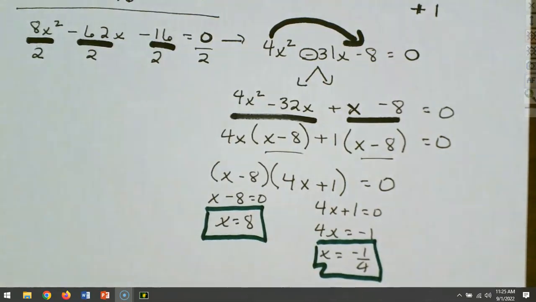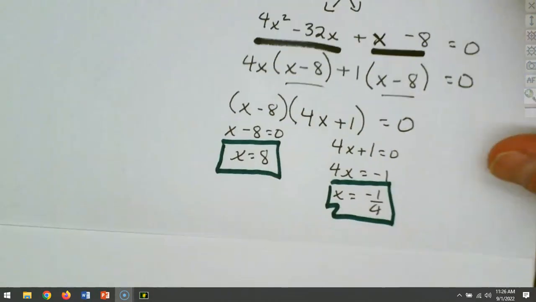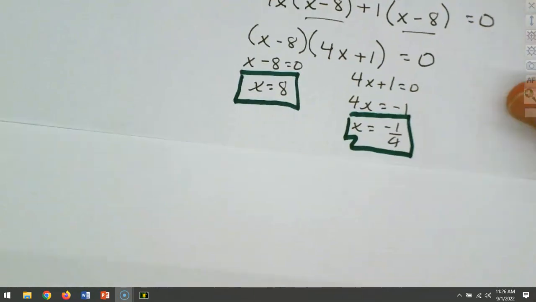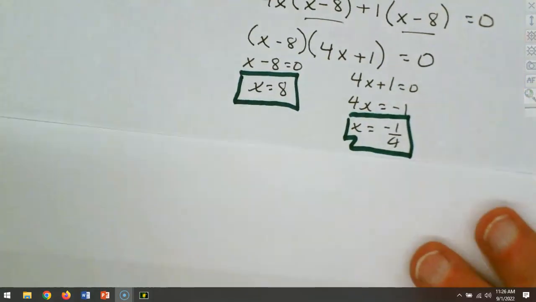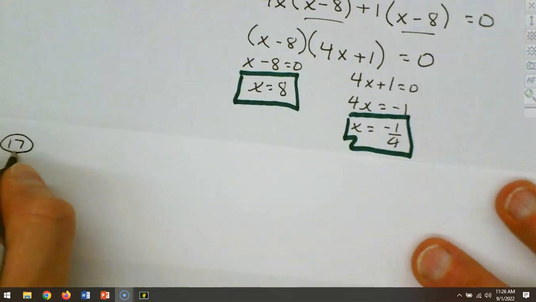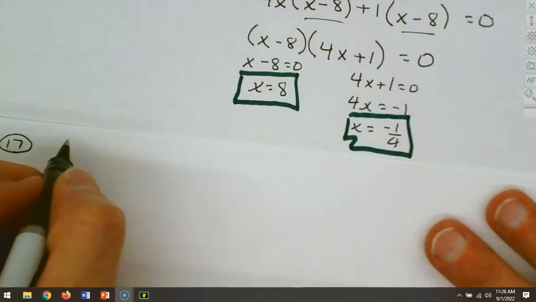Try another couple of these questions. I want to pick out 17 from the textbook because it's going to make you divide by a negative at the beginning. So let's look at question 17 in your textbook. If you don't have your textbook, that's fine, because I'll just write it up here for you. It's going to be on page 139.